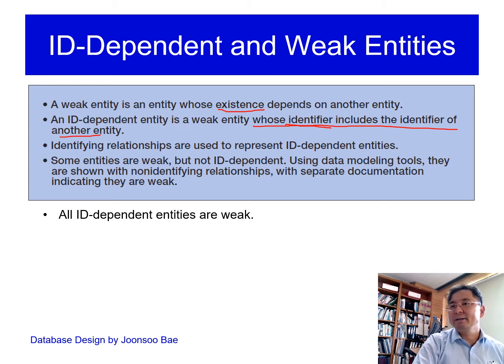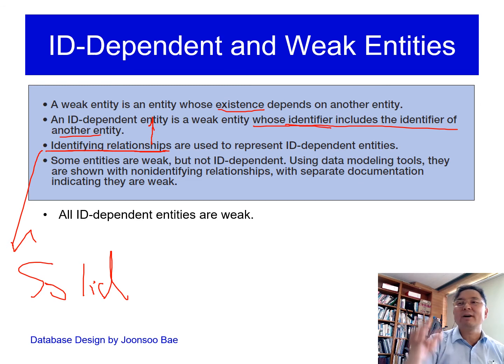And identifying relationship. Yes, in order to represent an ID dependent entity, we must use an identifying relationship. Identifying relationship means a solid line. The other weak entity, non-ID dependent entity, relationship is a dotted line. Some entities are weak but not ID dependent.